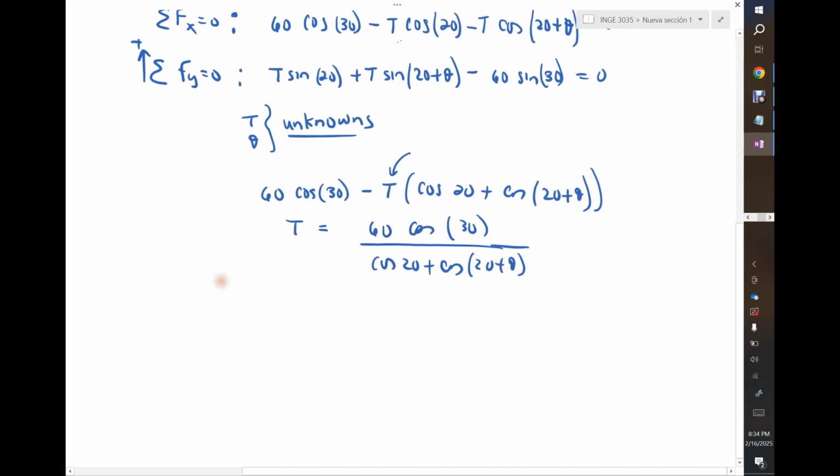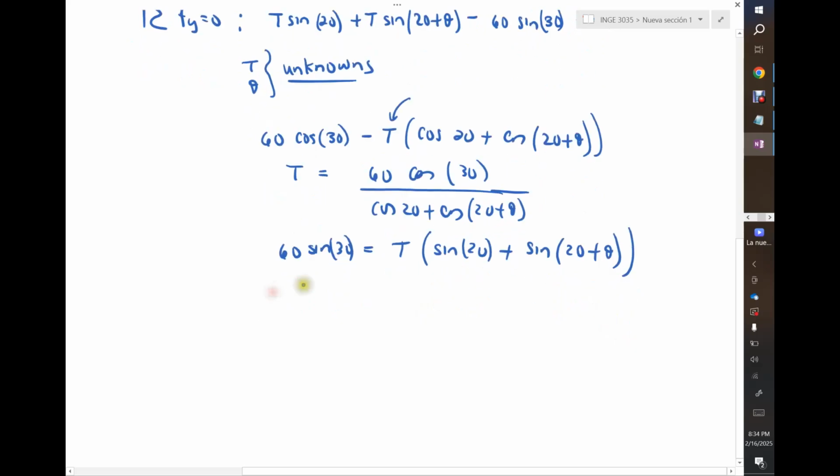And now the second equation, what we could do is also solve for t, so that would be 60 sine of 30 equals, I put this back here on the right side, so we end up having t as a common factor, sine of 20 plus sine of 20 plus theta.